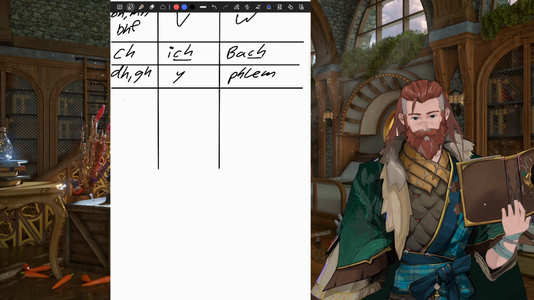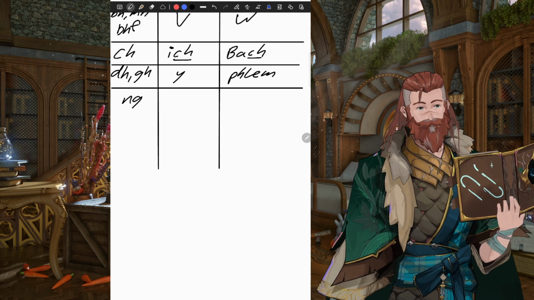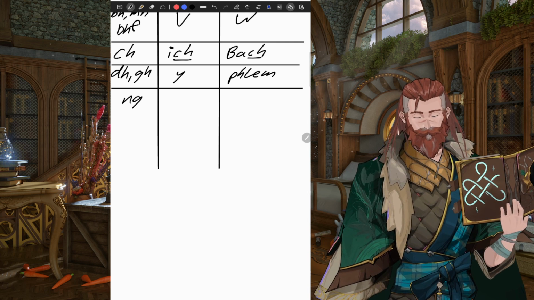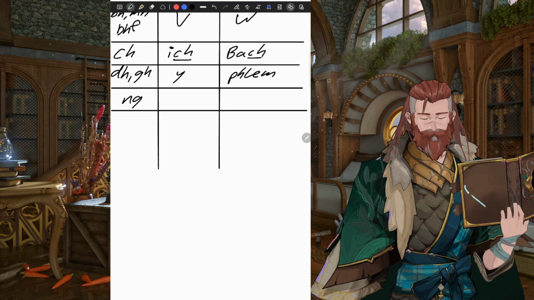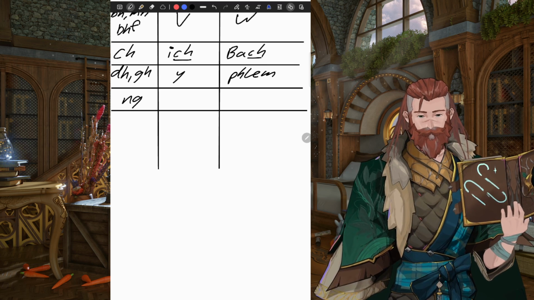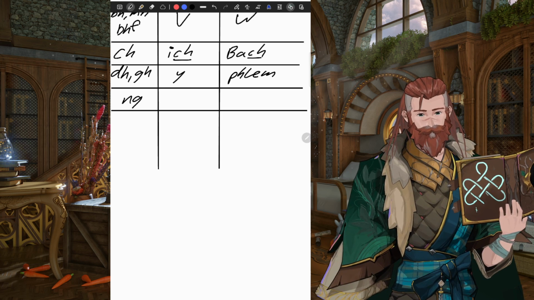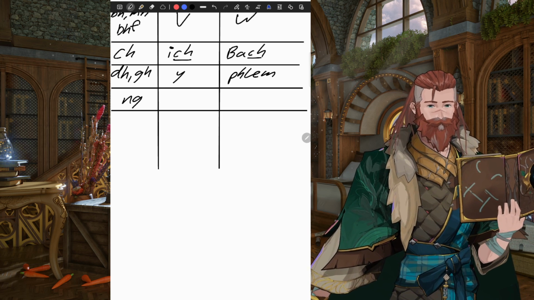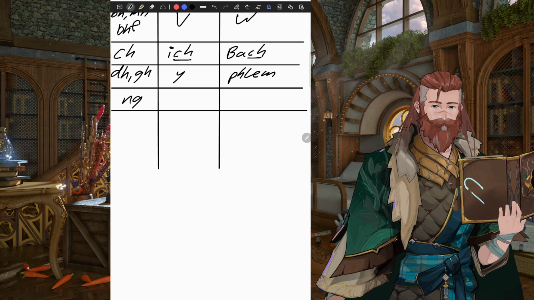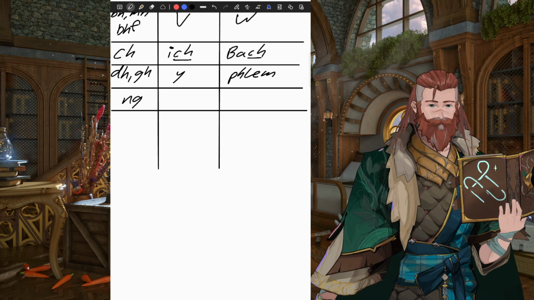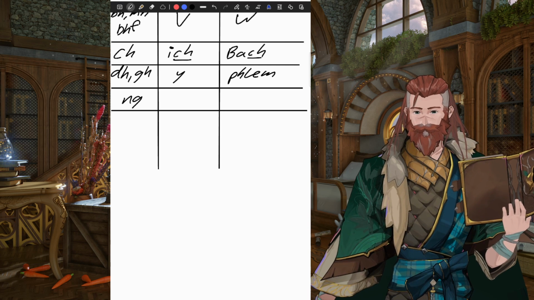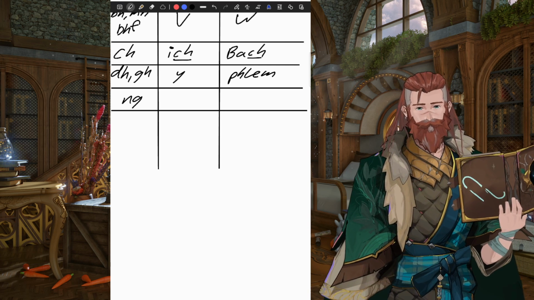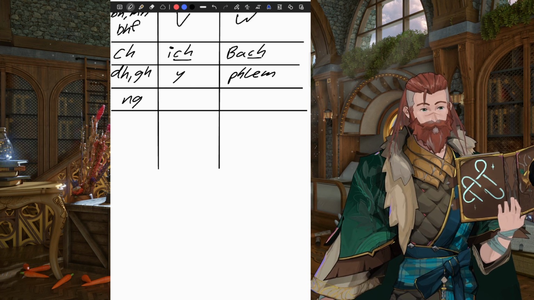And then we have NG. The difference in the Slender and the broad pronunciation is sort of the difference in pronunciation between ing, ing.